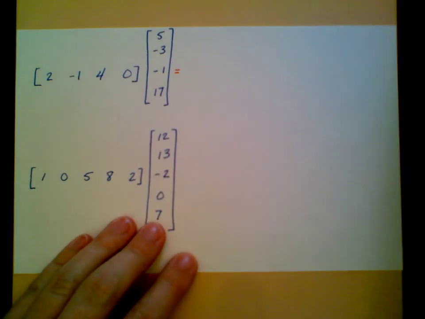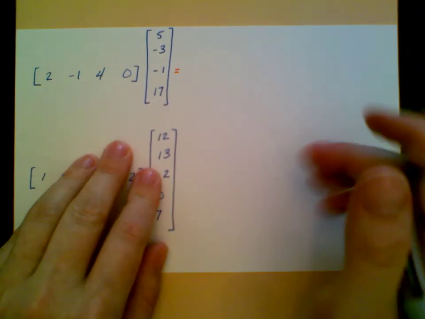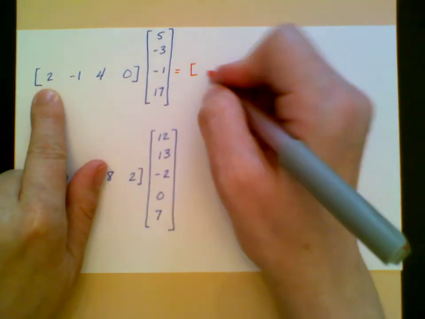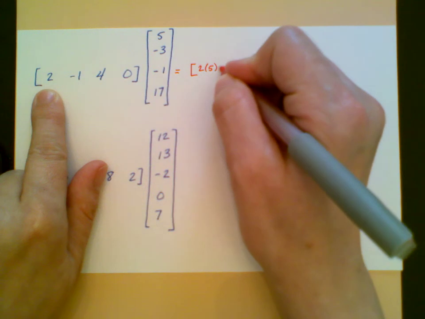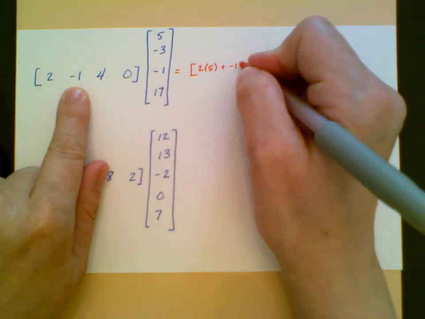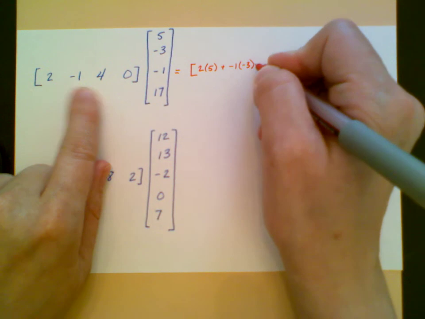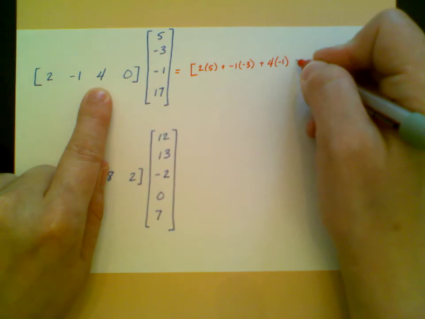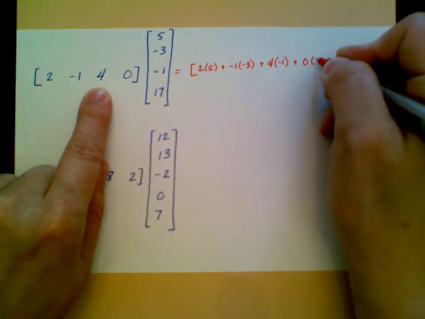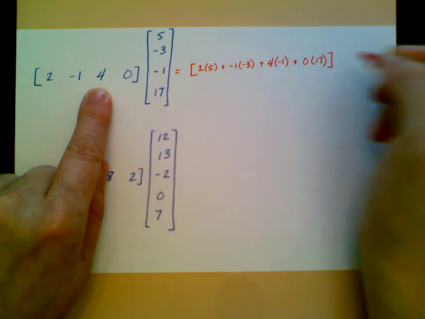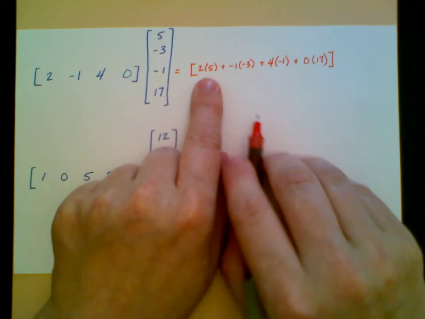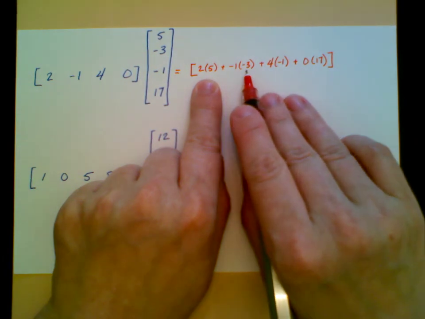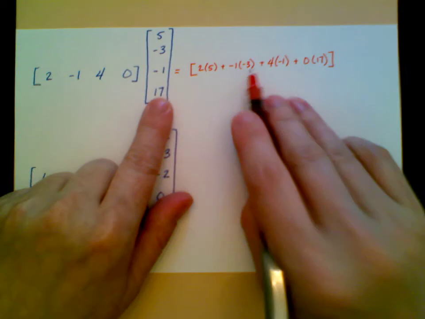So now let's actually do these examples over here. All right. 2 times 5 plus -1 times -3 plus 4 times -1 plus 0 times 17. All right, so 2 times 5 is 10. -1 times -3 is +3.